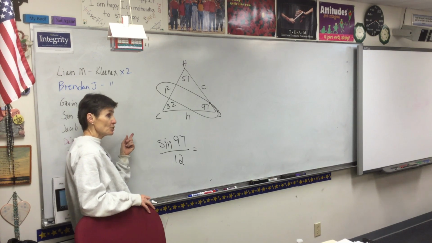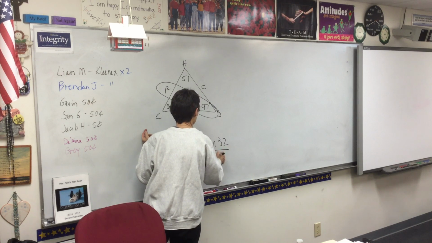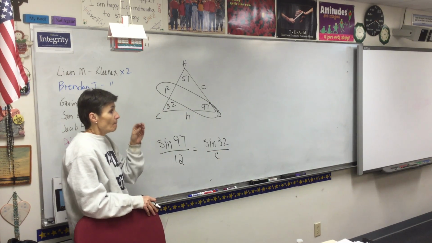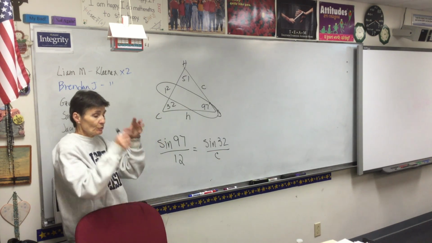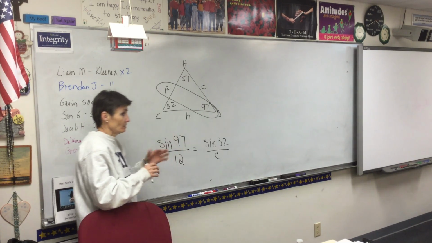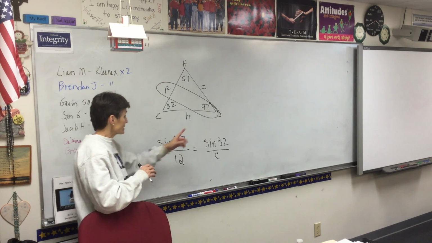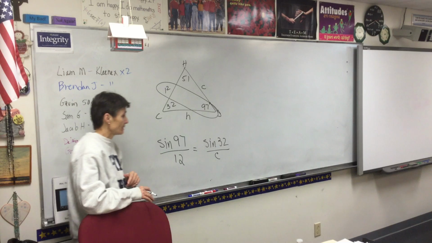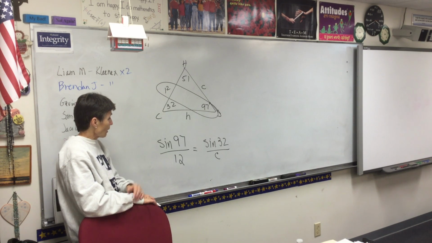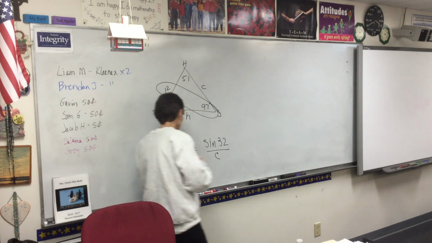Sine 32 over C. Make sure, kids, you must do sine of the angle: sine of 97 over the side, sine of 32 over the side. All right, go ahead, cross multiply, divide, see if you get the right answer. I'll do it too.